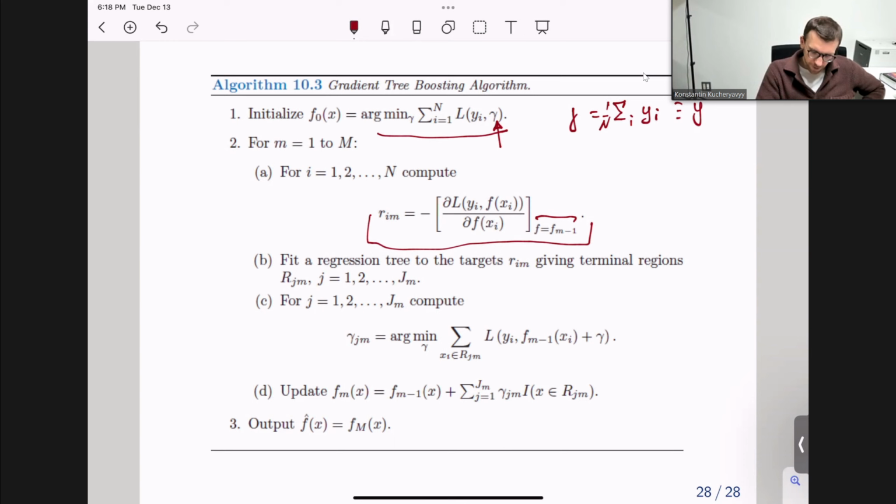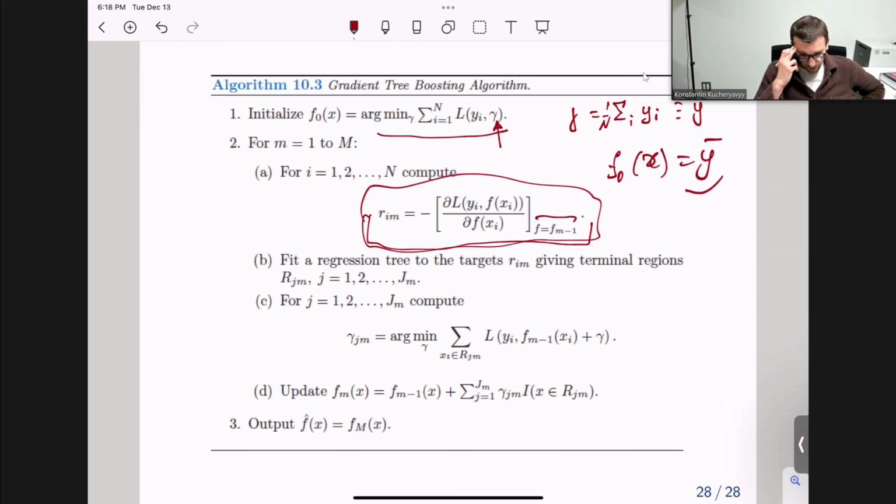Scratch it. F0(x) is just y average. Then we calculate our r's, the derivatives, say at the first iteration by substituting the average value. If it's a quadratic loss, then it is going to be equal to minus yi minus y bar, for step m equal 1.